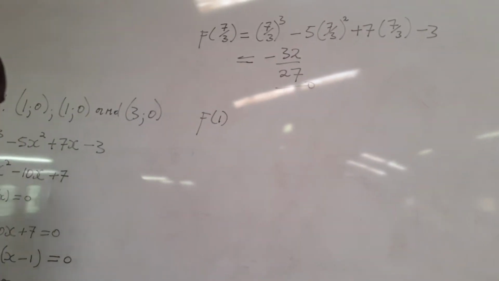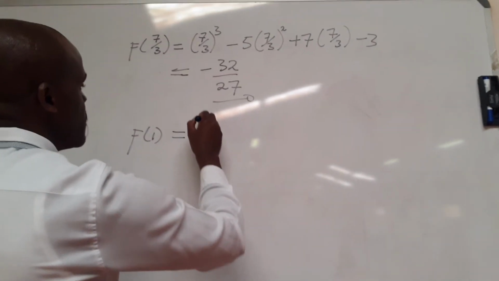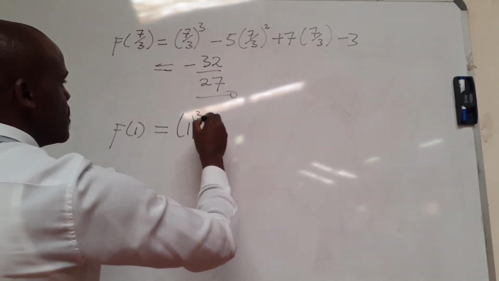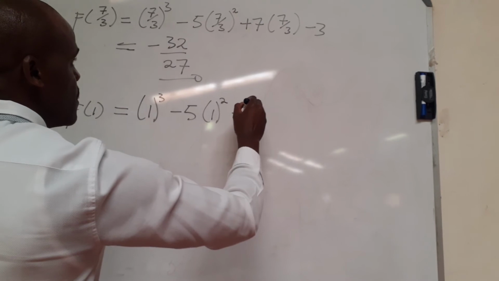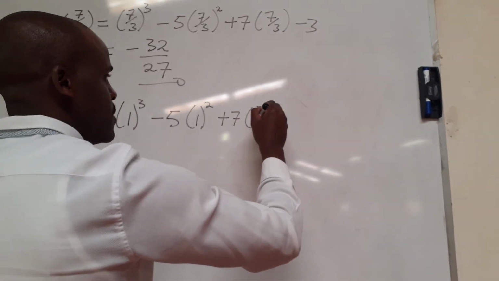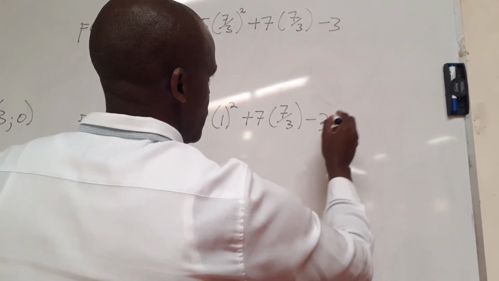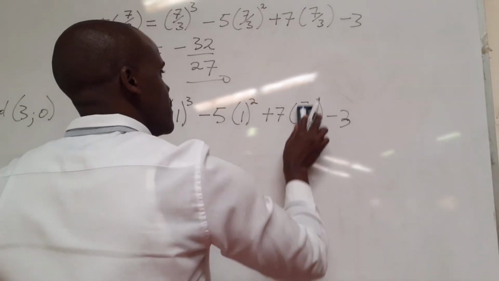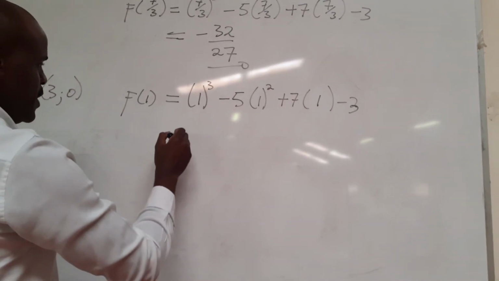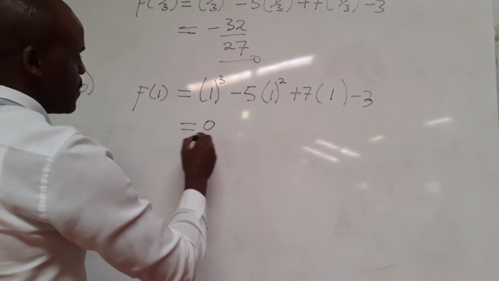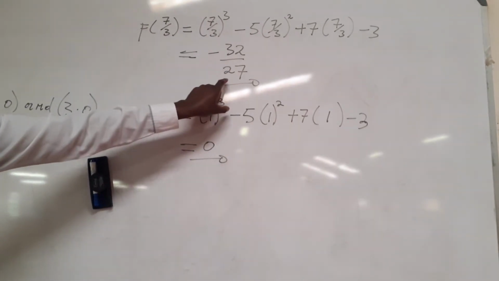So let's see what it will be if we put 1 there. We are substituting by 1. And then our remainder. So if you put 7 over 3, your y will be that.